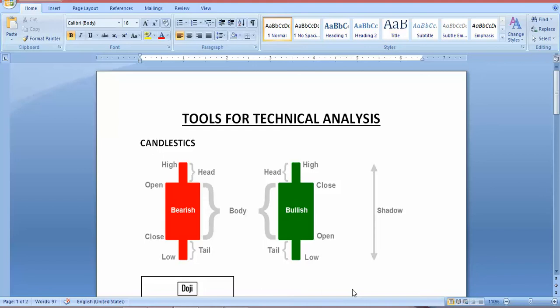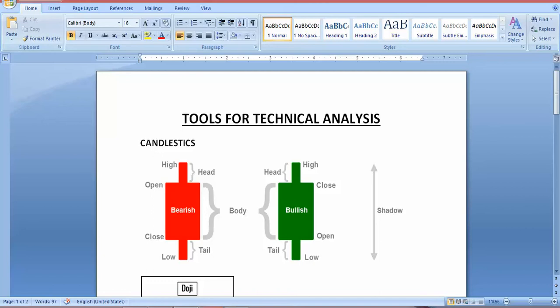Now the first one is candlesticks. These candlesticks were developed by the Japanese many years ago, and by looking at the candlestick patterns, we are able to know whether the market is heading up or down.